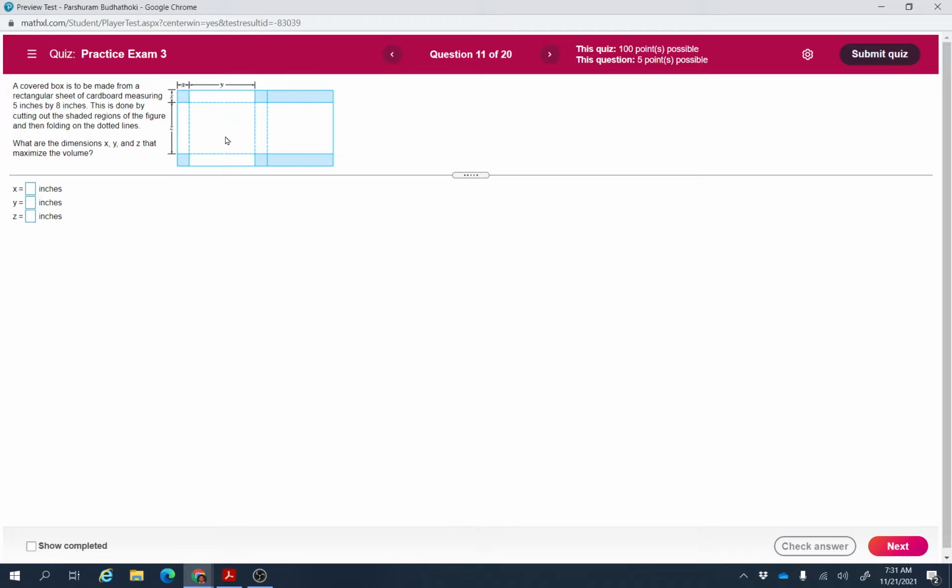So if you really want to visualize this problem, just take a piece of paper, mark these regions and cut them, and then try to fold them, and you will be able to see a covered box.